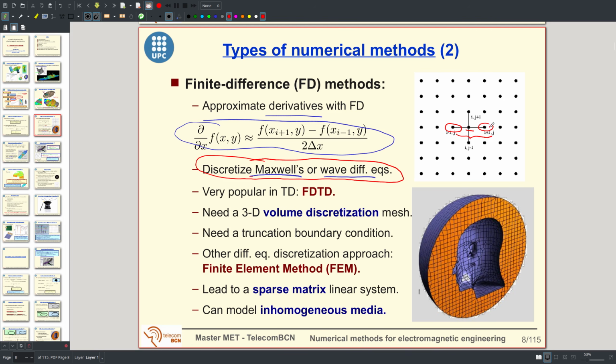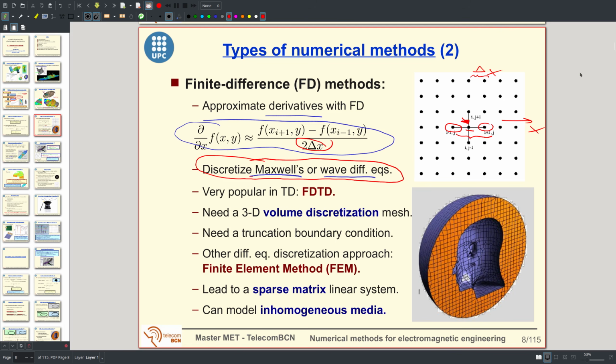And since from the left sample to the right sample the distance is 2 spacings, if one spacing is delta, the 2 spacings are 2 delta. Okay, delta in this case, if this is the x-axis, would be delta x. So for that reason, I have 2 delta x here. Okay, this would be an approximation of the derivative at the center sample using central differences and using finite differences.